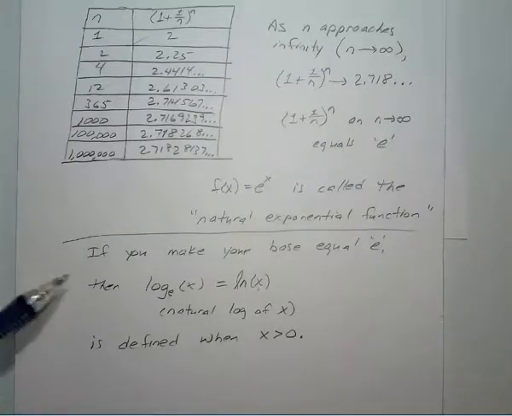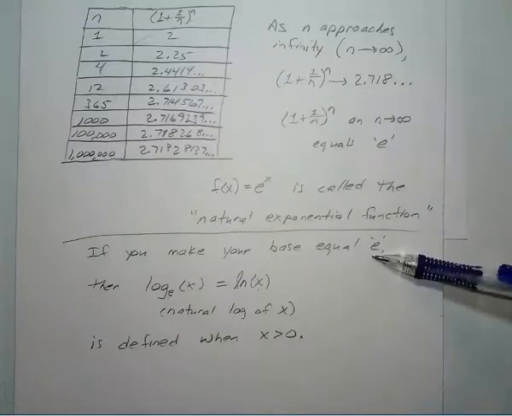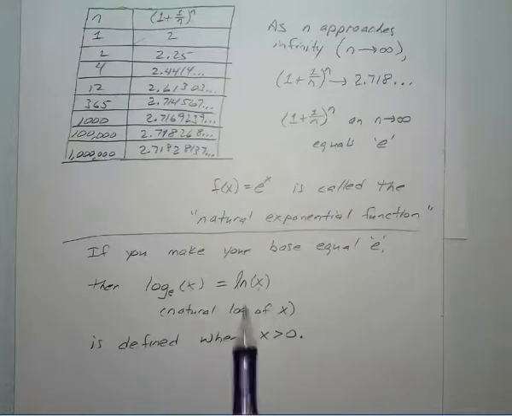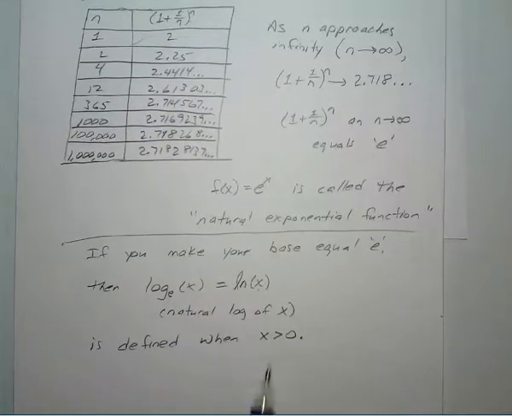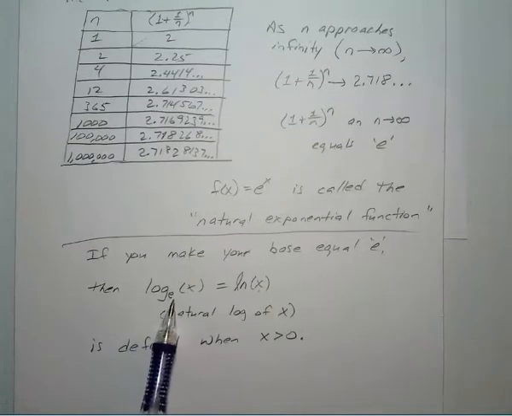Okay, now using that with what we're doing so far with logarithms, if you make your base equal to this value of e, then log base e of x equals the natural log of x. But it's only defined when x is greater than 0. It's just like any logarithmic function. So whenever you see natural log of x, that's just a log function with a base of e.